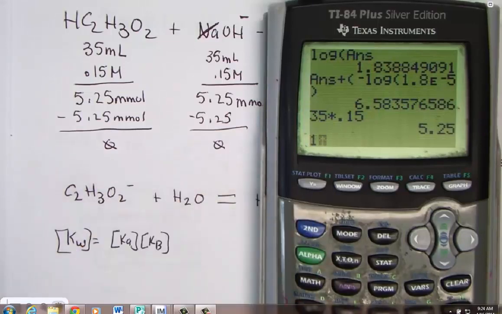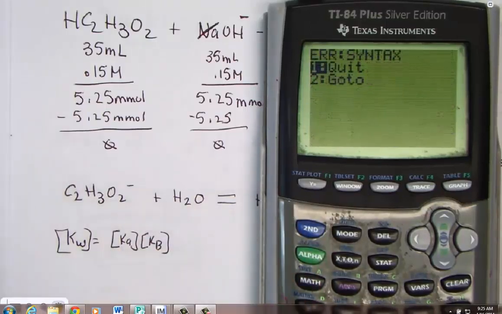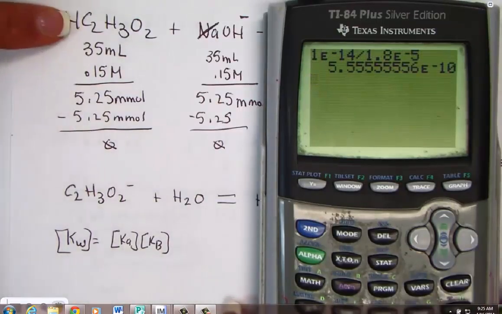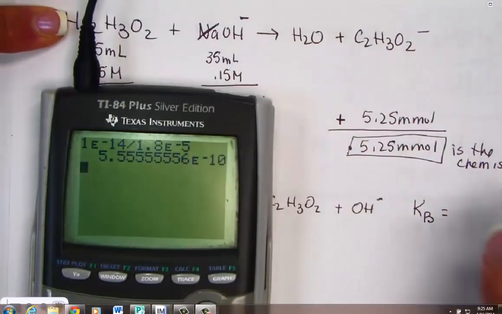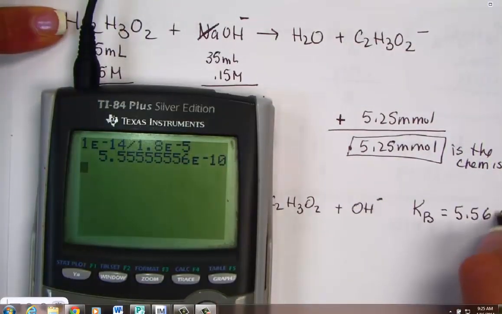So let me do that for us. 1e negative 14. I'm going to divide out our known Ka, 1.8e negative 5. And there is the Kb for our value. Kb is 5.56 times 10 to the negative 10th.